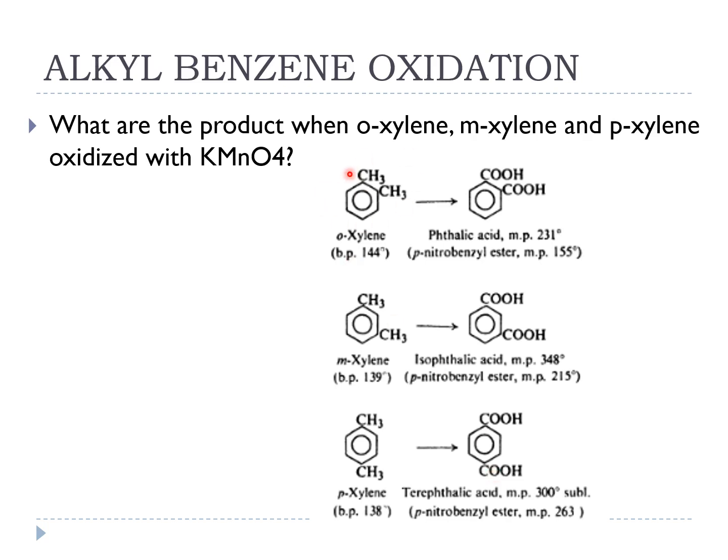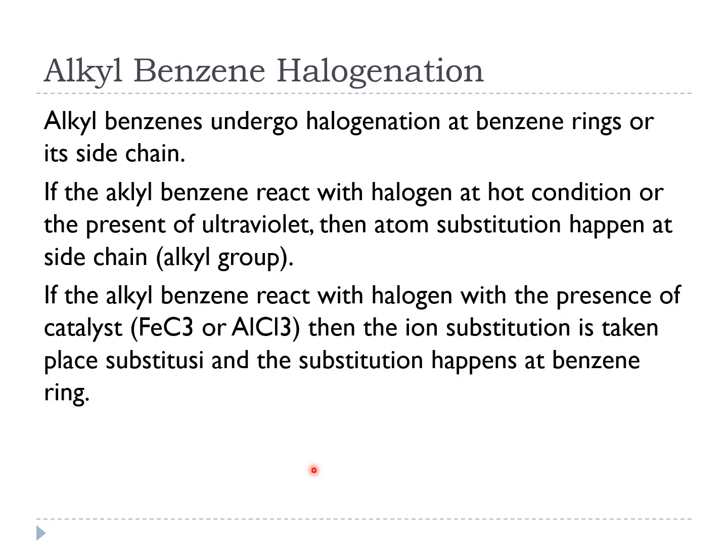So remember, any kind of aliphatic group attached to the benzene ring as a side chain will be converted into carboxylic acid, COOH. That is a carboxylic acid group.